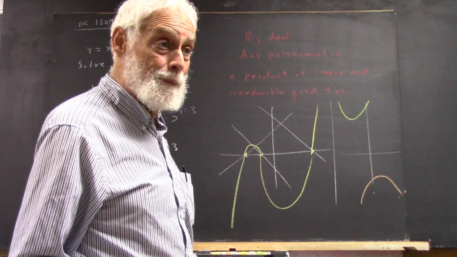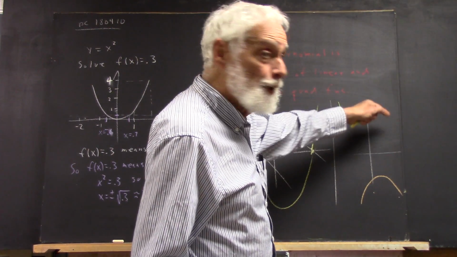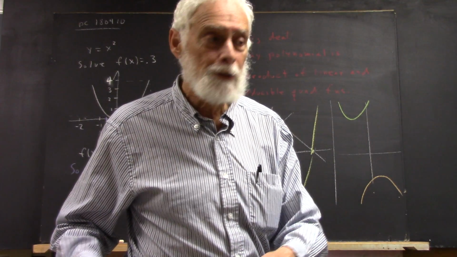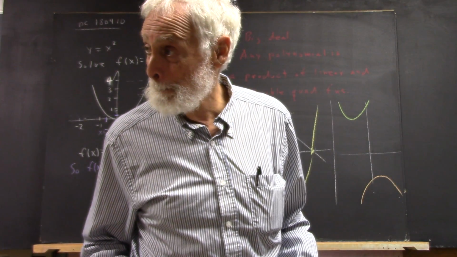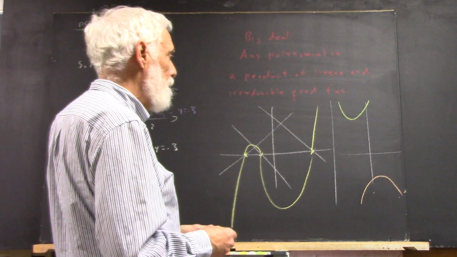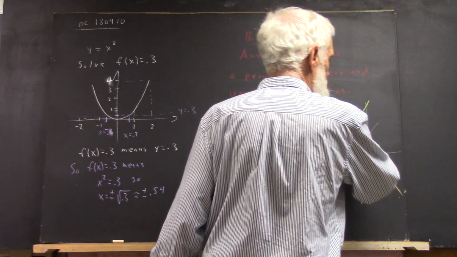These are irreducible quadratics. If it crosses the x-axis, it can be factored, so it factors into x plus something and x plus something. So if we have this, and then we have just a couple of linear factors.